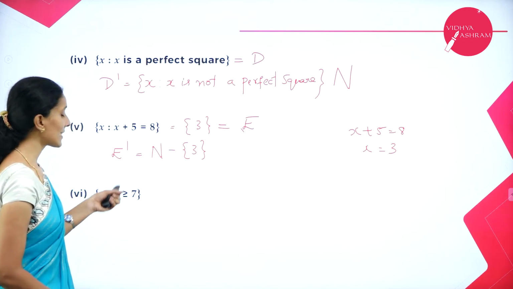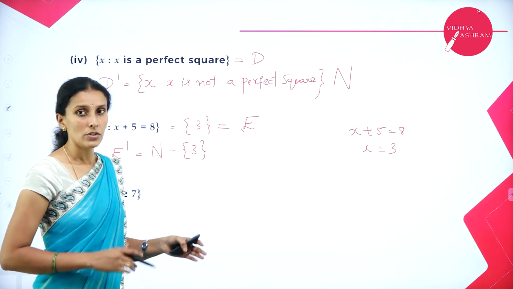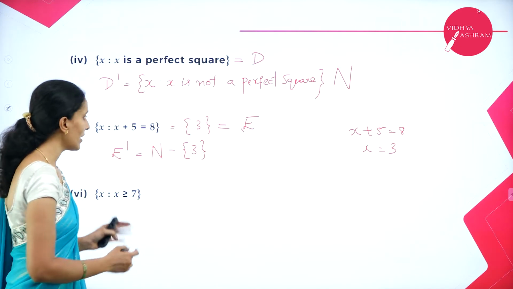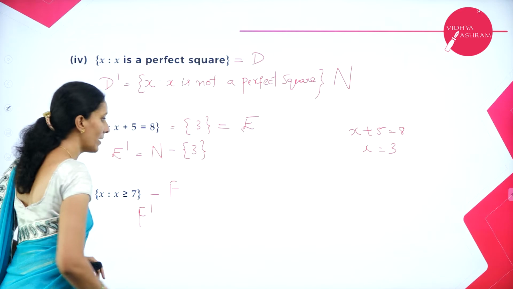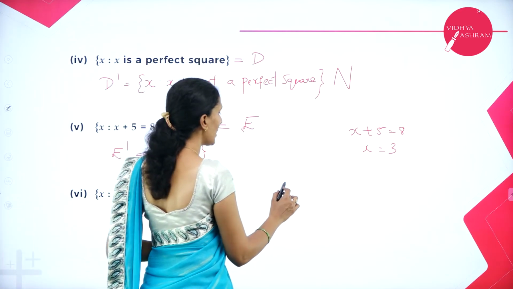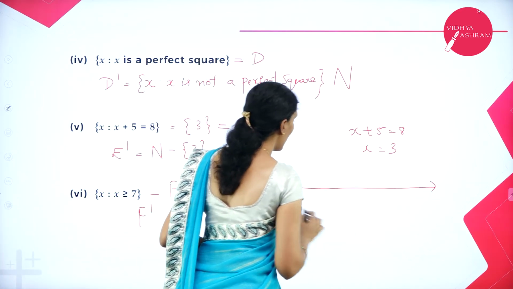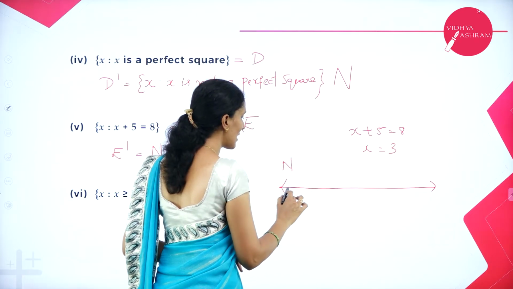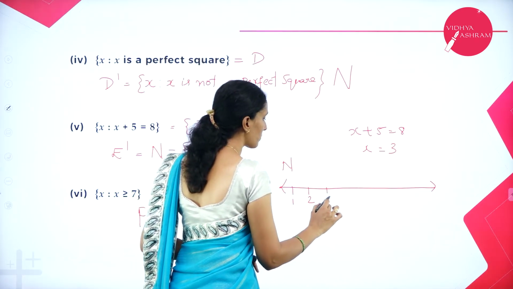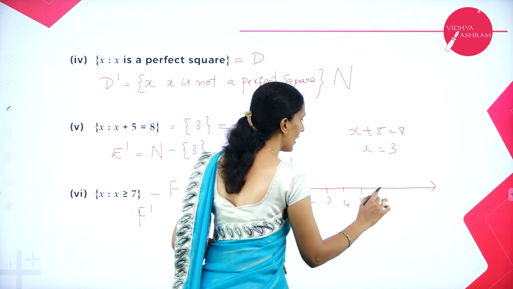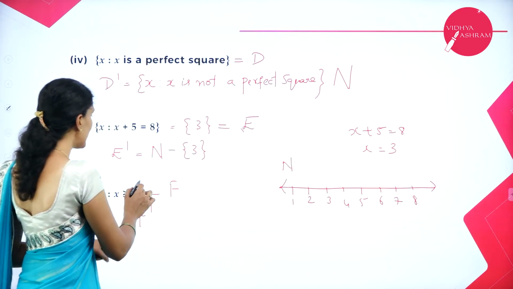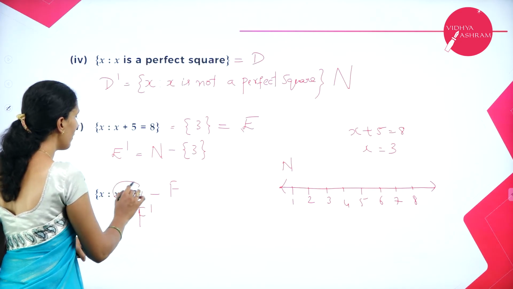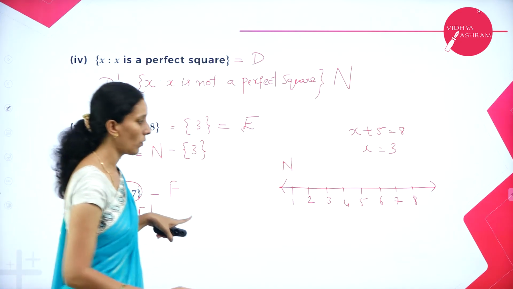Next we have X greater than or equal to 7. X greater than or equal to 7 is your set F. Then what does F dash, the complement, say? Natural numbers you can draw on a number line. This is your natural number line. It starts from 1, 2, 3, 4, 5, 6, 7, 8. So what is set F here? It takes all the values greater than or equal to 7.